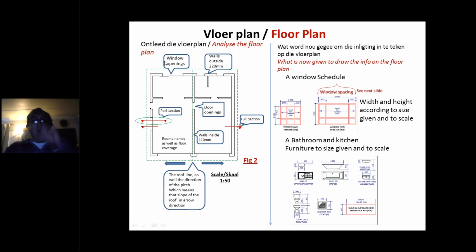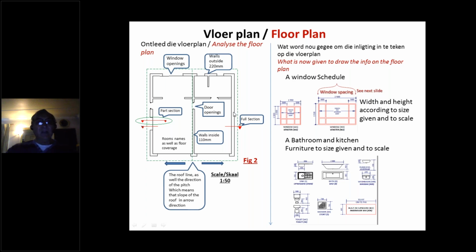Now, when they give you this floor plan question, you will also have certain info on how to fit it in and where to put what. You will get a window schedule. Remember the window spacing you see there. There's a height, there's that.